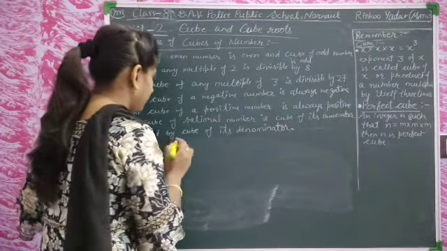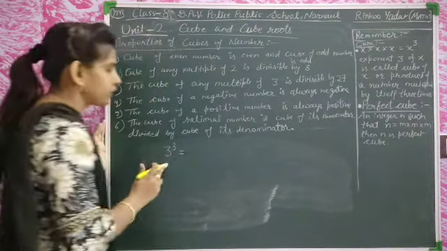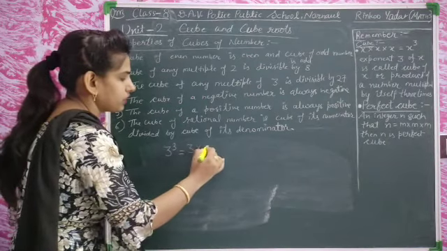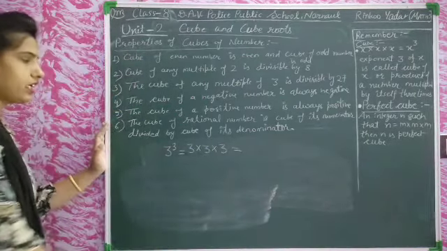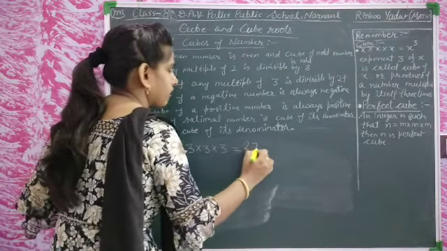First comes here 3. 3 cube equals 3 into 3 into 3, and that becomes 3 3s are 9, 9 3s are 27.